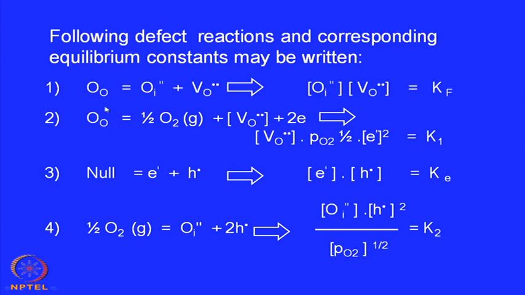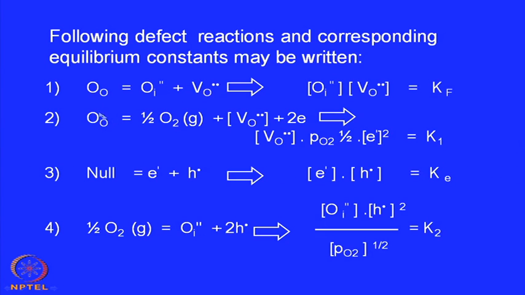Again, the oxygen at the lattice site goes out as oxygen gas. As a result of that, oxygen vacancy is created and 2 electrons get released. Now, this is the equilibrium constant for this, again concentration of this, concentration of this, concentration of this divided by concentration of that.